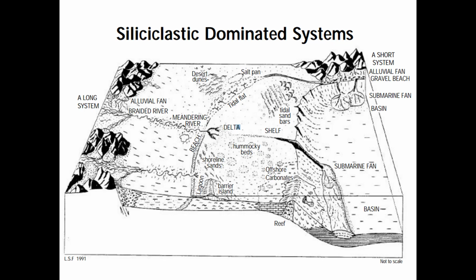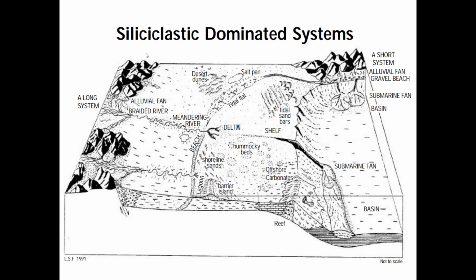So in mountainous regions, or regions where basically rivers are draining mountains, you will tend to have what's called a siliciclastic system. As the name implies, clastic means grains, and silici means grains dominated by silica or quartz. This is a picture of a couple different sedimentary environments that you would see in a siliciclastic dominated system.